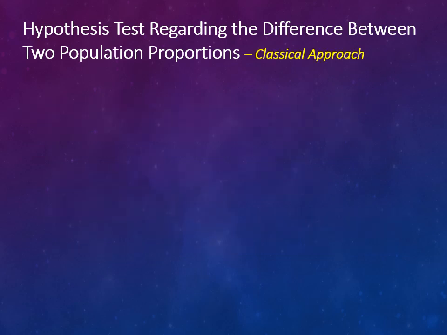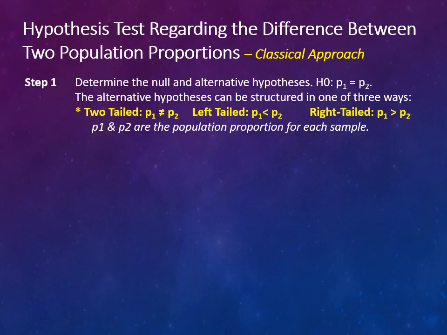So first, let's look at the classical approach, assuming that we just did what we did before and assume that it was approximately normal. Once we've done that, the first step is to identify our null and alternative hypotheses. These are really no different than before, except here the null hypothesis is that p1 would equal p2.